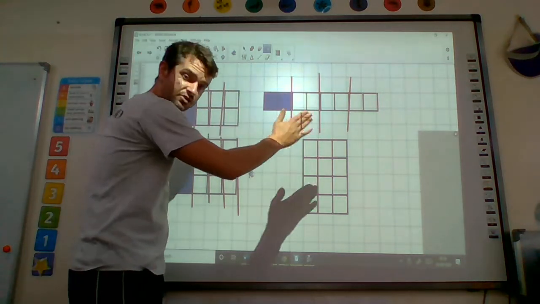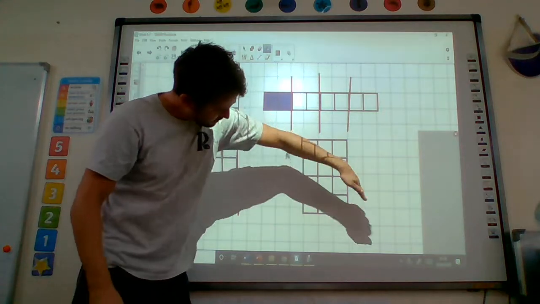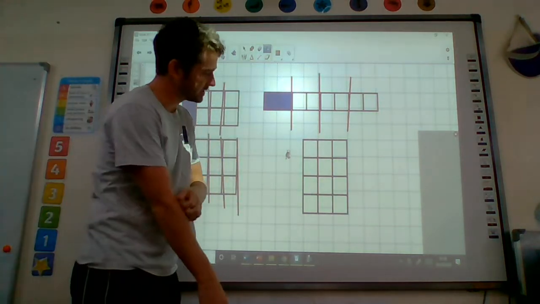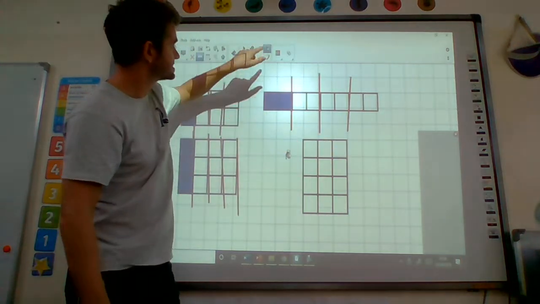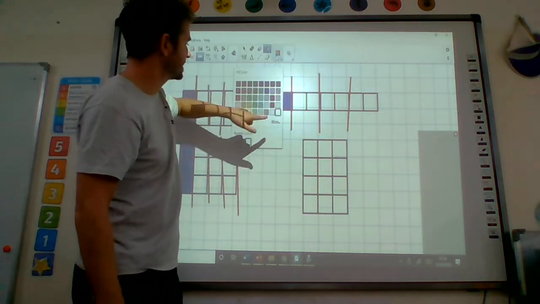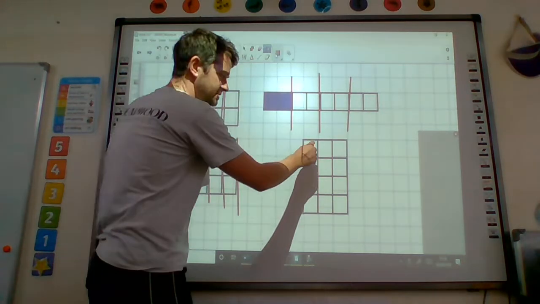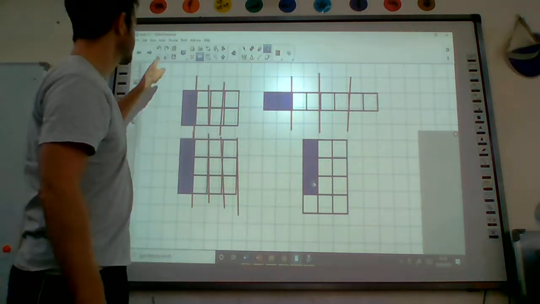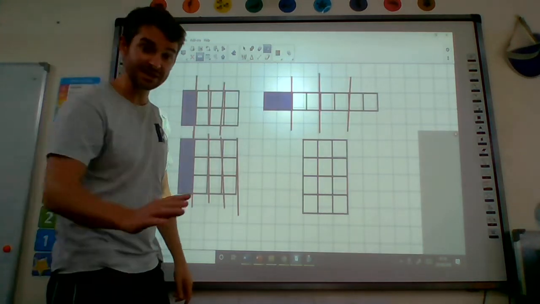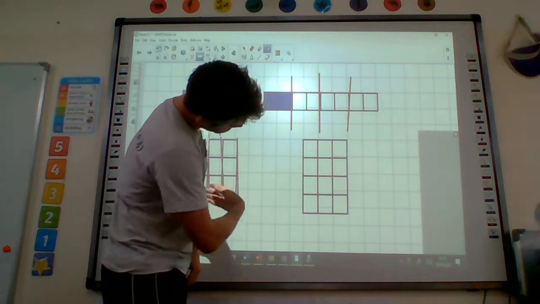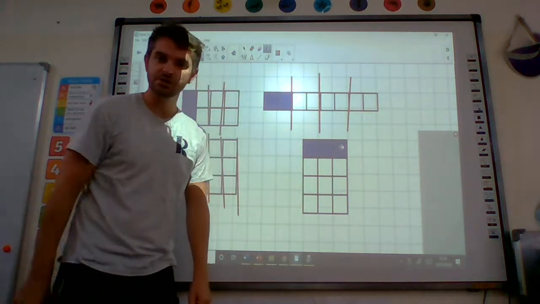Because if you turn your head with this one, you can see 1, 2, 3, 4 equal groups going this way. So actually, the best way to find a quarter when it's like this isn't to try and go down as you did with the other examples, but in fact, it's to turn your head, realise that there are 4 equal groups, and go across.